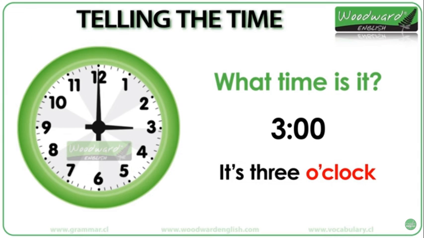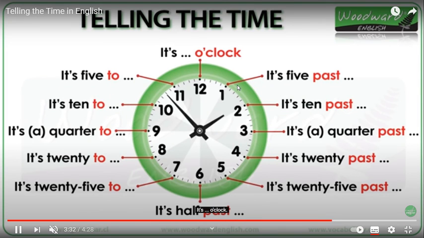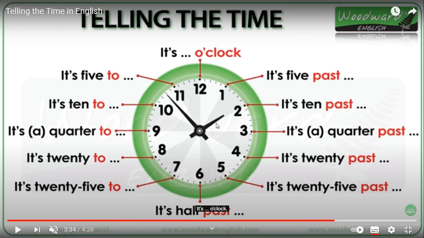Yesterday you already drew one clock. Please take a dark color pencil and draw on this clock: 5 past, 10 past, quarter past, 20 past, 25 minutes past and half past. Here is the o'clock.